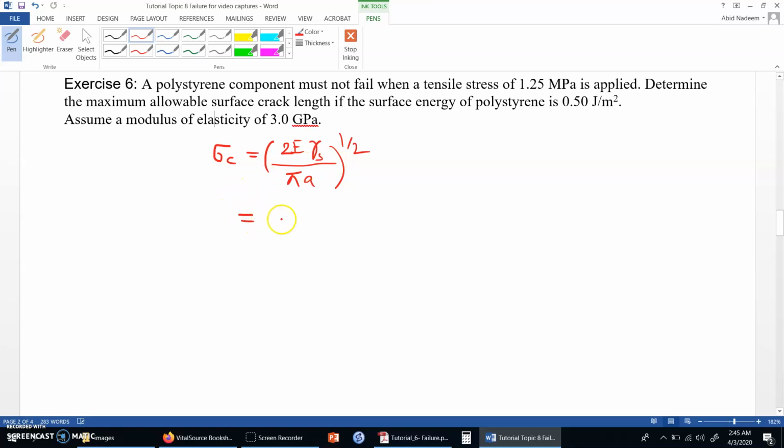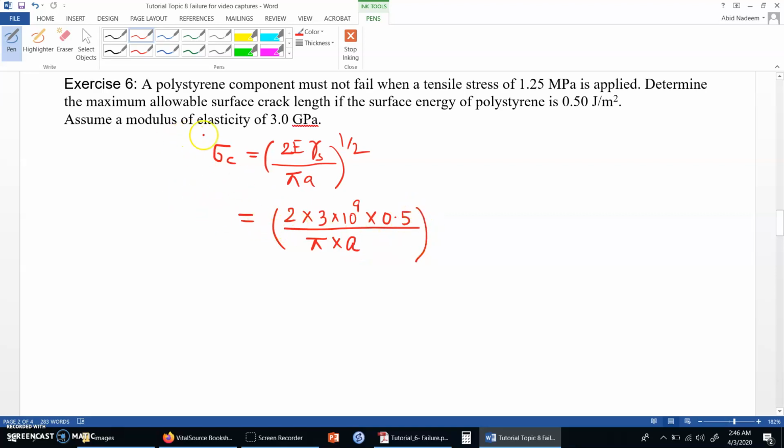So simply we input these values over here, 2 times 3 × 10^3, or maybe 9, just convert it into megapascals. Gamma S is 0.5 joules per square meter, divided by pi, and a is what we need to know.